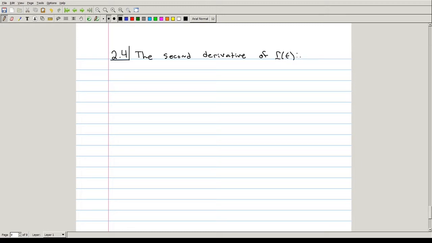This is the acceleration vector along the curve.